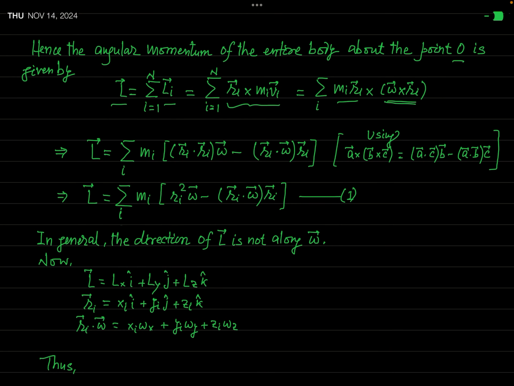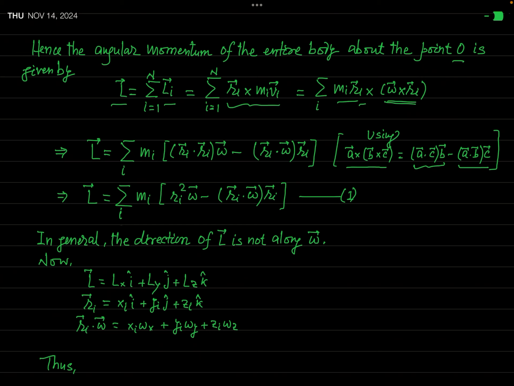Now, definitely you have an idea of the vector triple product. If A, B and C are three vectors, then the vector triple product is denoted as A cross B cross C, and it is defined as A dot C times B minus A dot B times C. So, by the use of this formula, you can simplify the product Ri cross omega cross Ri.